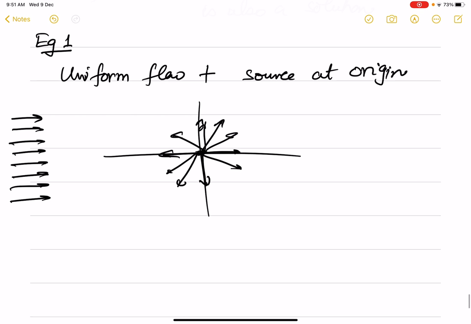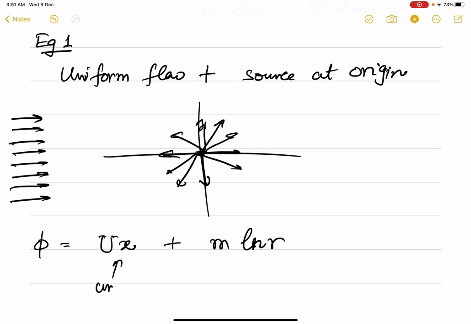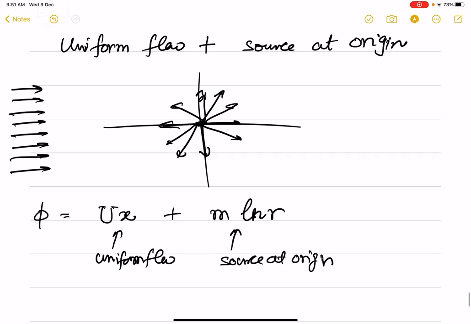And how do we superpose? Our phi for uniform flow is ux, and phi for the source at origin is m log r. So this is for uniform flow, and this is for source at origin. So the superposed flow, the phi will be given by this.